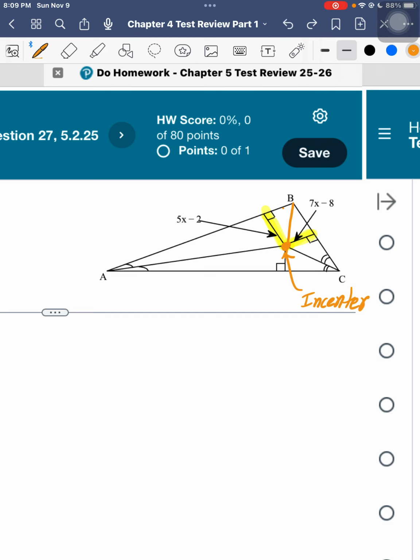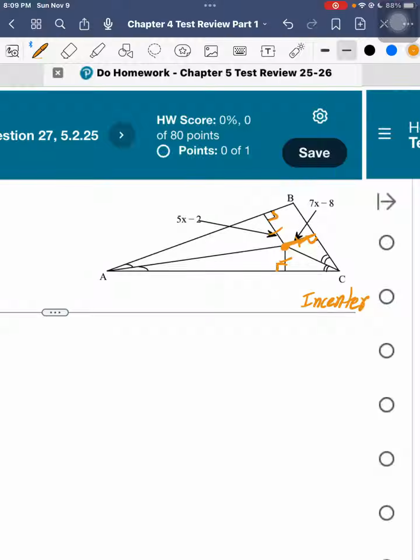Okay, so if I know that this point is the incenter, then that means that these perpendicular segments that I have there are all what? They're all congruent. Because I know that the incenter, this point, is equidistant to the sides of the triangle.